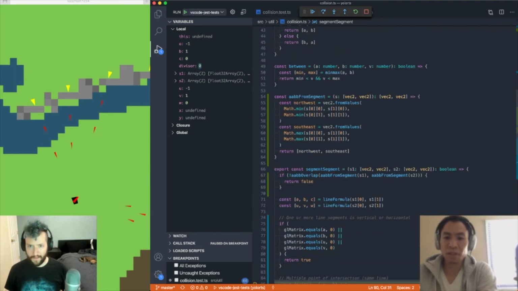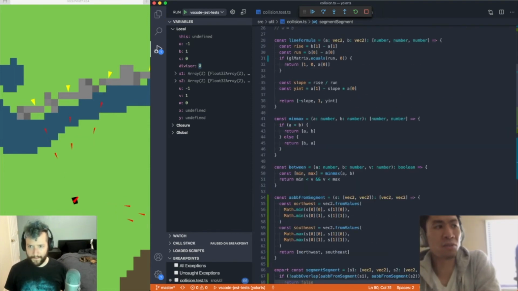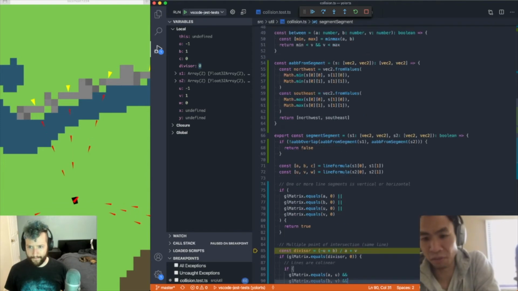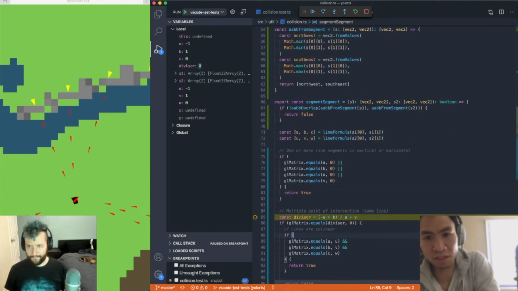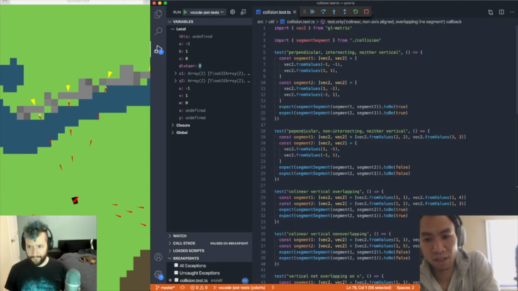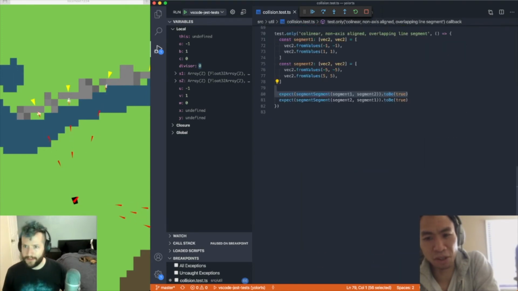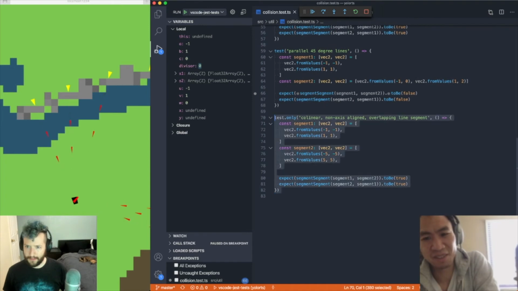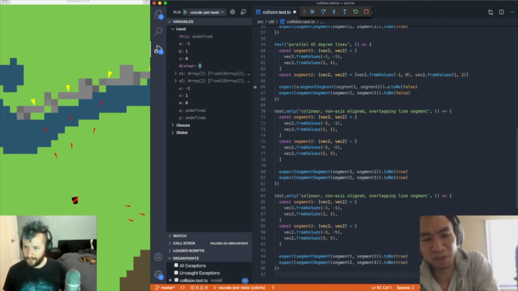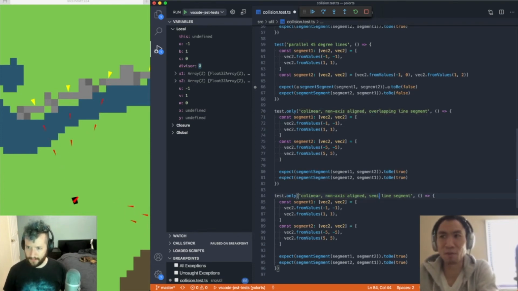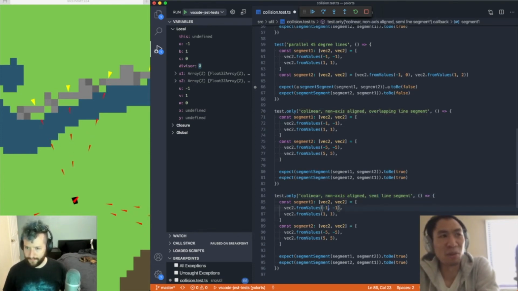So one way to test this would be to do the case where they are collinear but not 100% overlapping, and see if they come up with the same line formula. Okay. Yeah, I bet if our numbers are really far from 0, right? Because we're pretty close to the origin right now. But I bet if our numbers are really far from 0, the floating point errors start to come in.